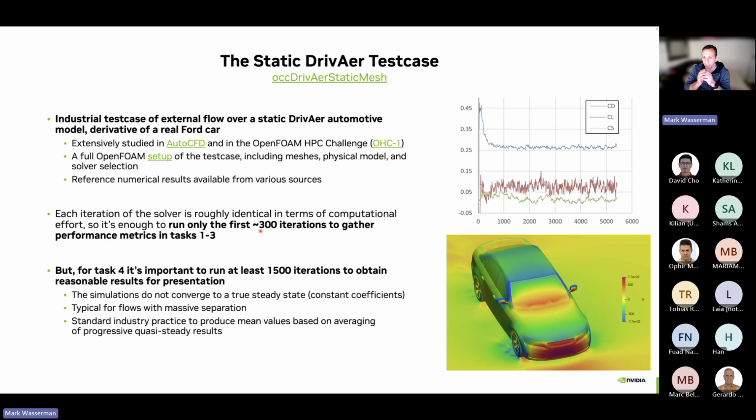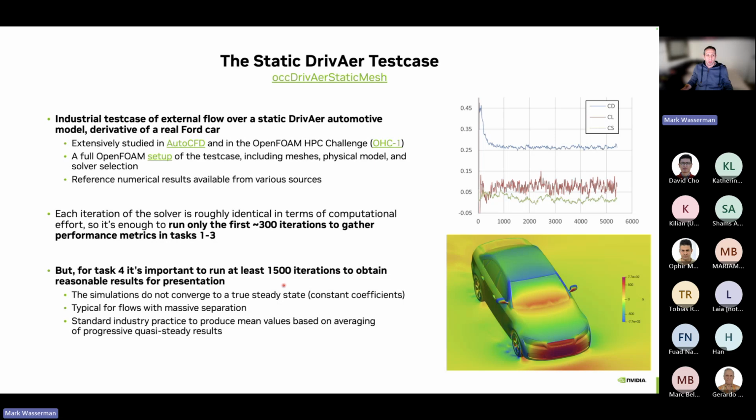And you don't need to simulate the case from beginning to end. So this is for tasks 1 to 3. But for task 4, which is the last one, where we ask you to produce nice visualizations of the flow around the car, we do ask you to run at least 1,500 iterations in order to obtain reasonable results for presentation.